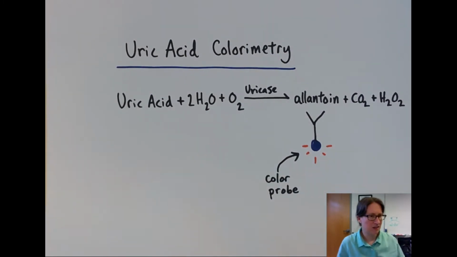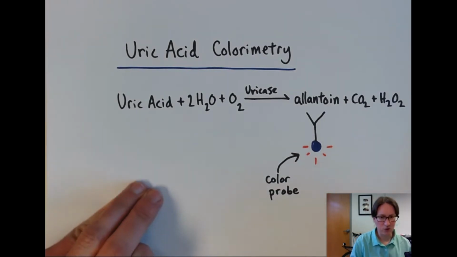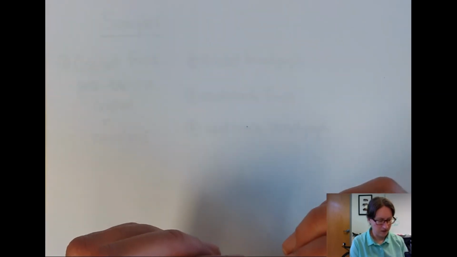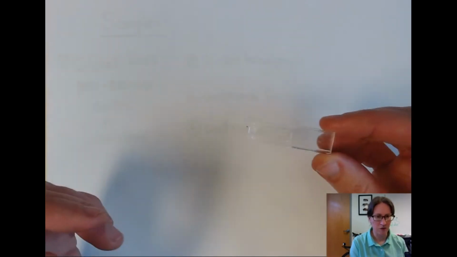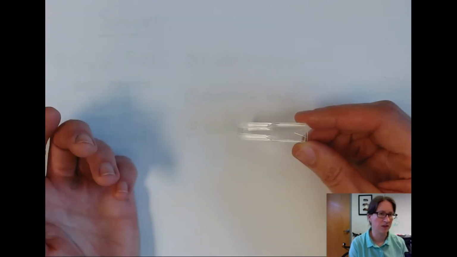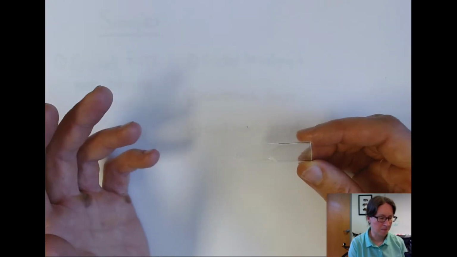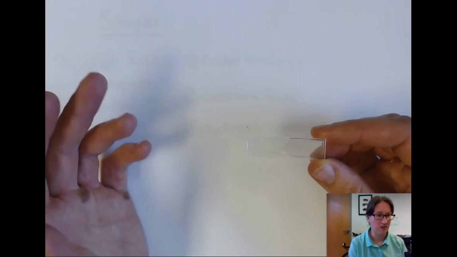And because that's one of the more expensive parts, historically, for doing this type of work, we'd wind up working in a set of cuvettes, right? Like some of these guys. It takes a relatively large volume to fill up a cuvette to a point where you can reliably quantify how much color is present in that tube.